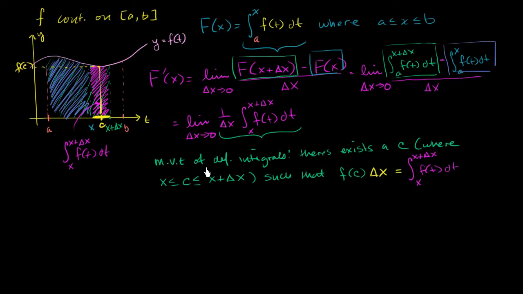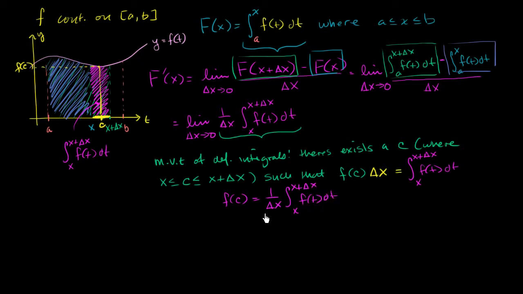If f is a continuous function, there exists a c in this interval between our two endpoints where the function evaluated at c is essentially, you can view it as the mean height. If you take that mean value of the function and multiply it times the base, you're going to get the area under the curve. Or another way of rewriting this, you could say that there exists a c in that interval where f of c is equal to 1 over delta x, I'm just dividing both sides by delta x, times the definite integral from x to x plus delta x of f of t dt.